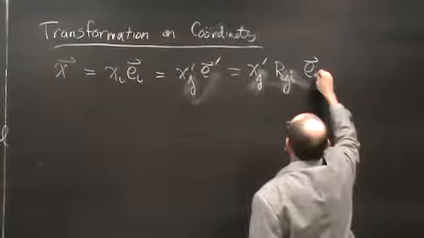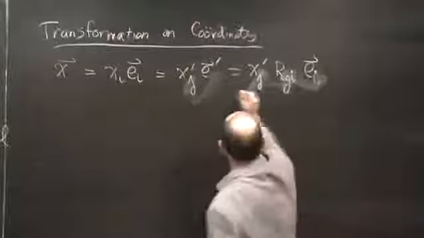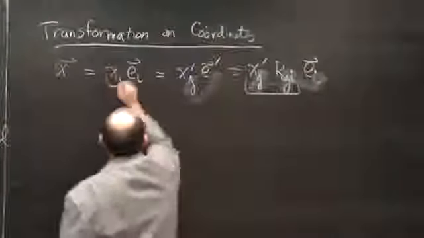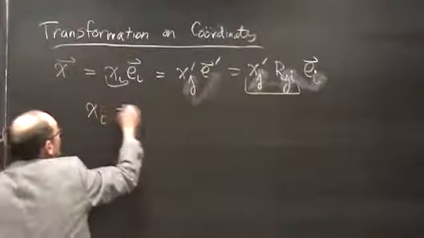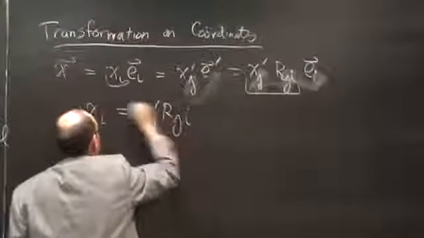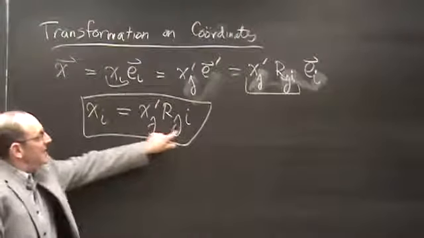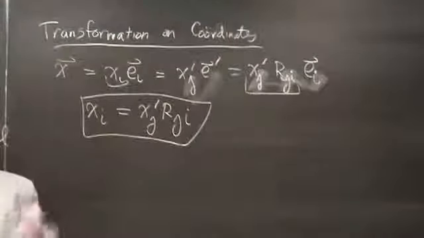That's fine, because now x_i is equal to x_j prime, sum over j, fixed index, free index, all good.